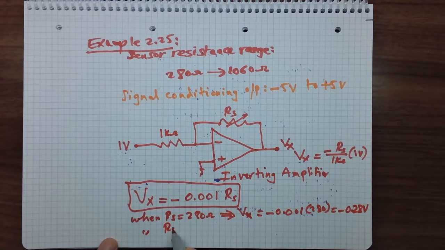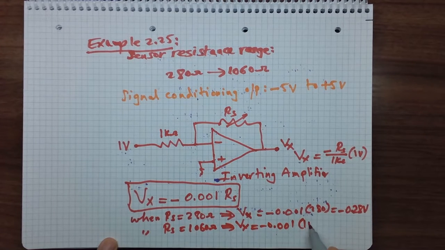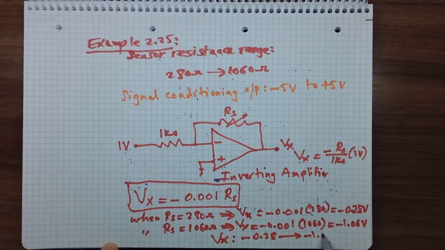When Rs is equal to 1060 ohms, Vx is equal to minus 0.001 again times 1060 ohms, and this is equal to minus 1.06 volt. So Vx has a range from minus 0.28 to minus 1.06 volt.